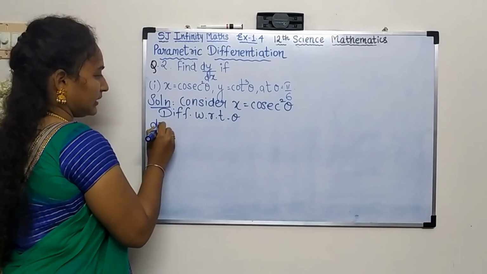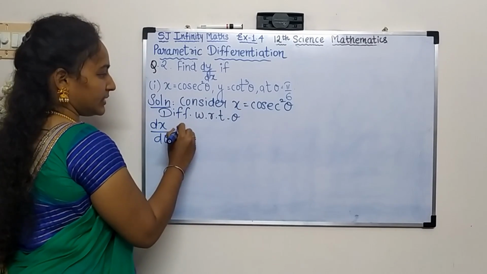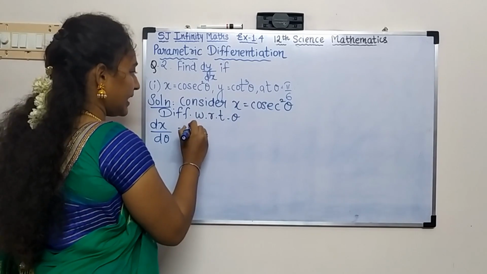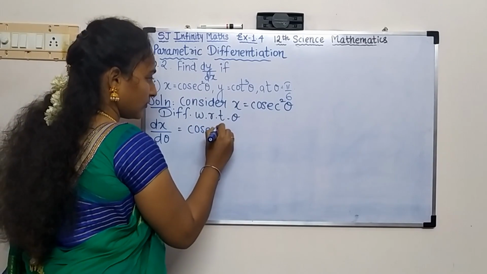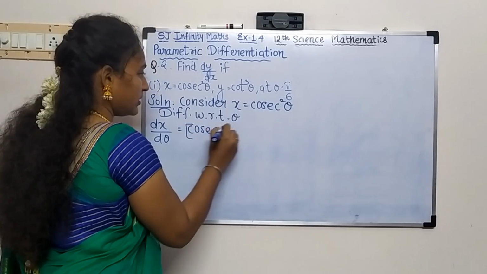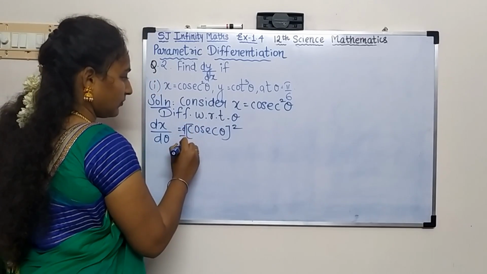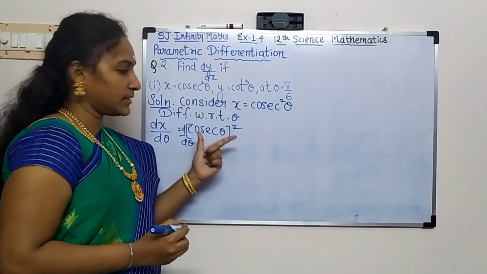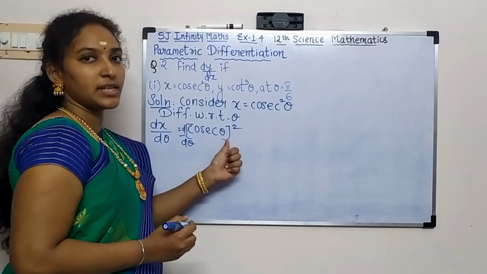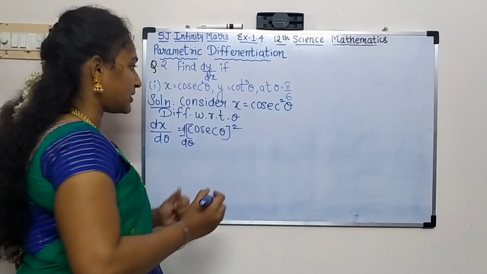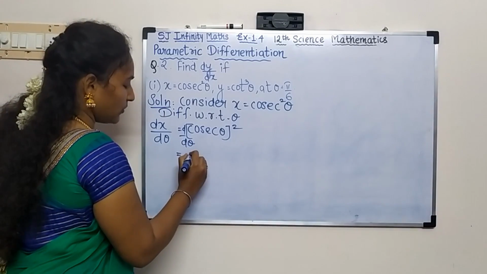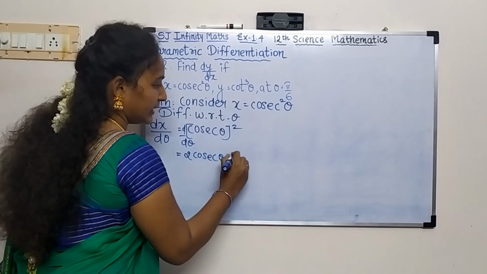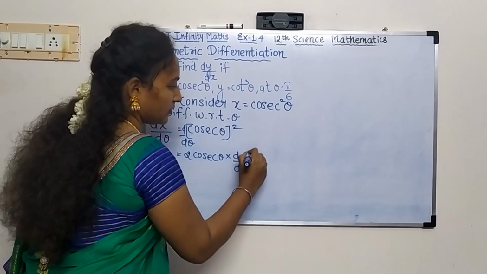So we get dx by d theta is equal to, see, cosec square theta can be considered as cosec theta the whole square. So we know that derivative of x square is 2x. So this will be 2 into cosec theta into derivative of cosec theta.